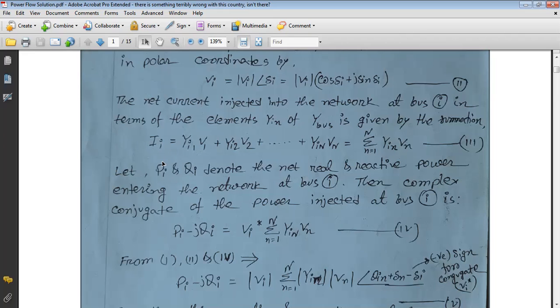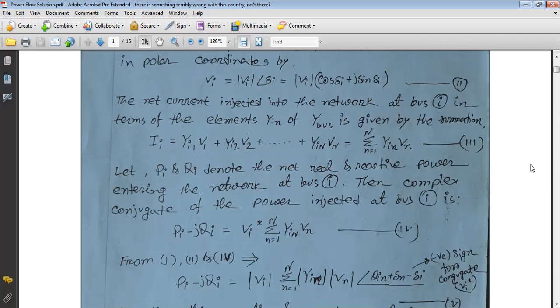If we calculate the current injected from bus I, the equation is summation, small n from 1 to capital N, of the Y bus matrix element capital Y I N into Vn, the bus voltage, because we know the equation of current is admittance into voltage. I is equal to Y into V.